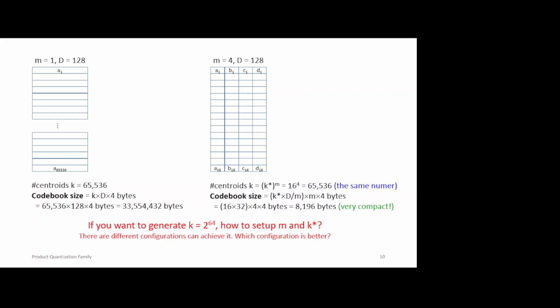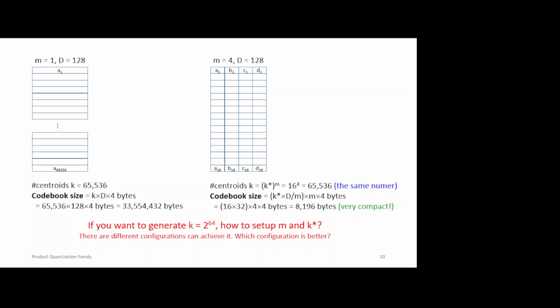Let me give you an example. Check the left-hand side. This is a codebook. Here n is the number of partitions. We have only one partition, and the dimension is 128. So this means we don't apply any partition on your dimensional space.